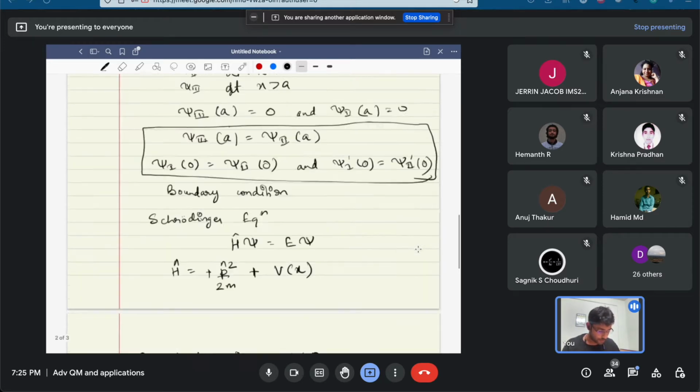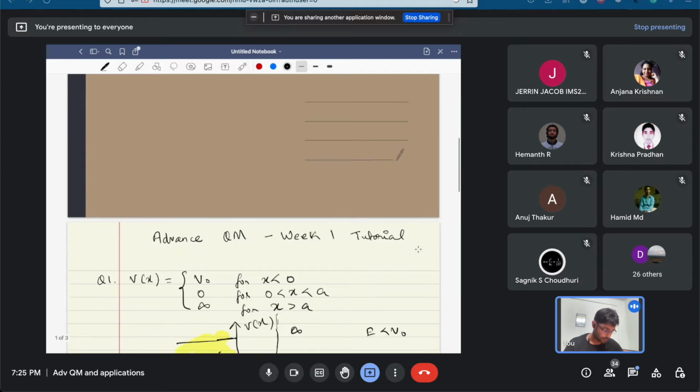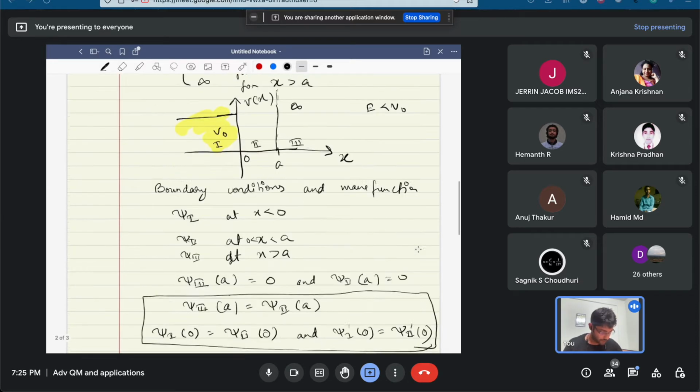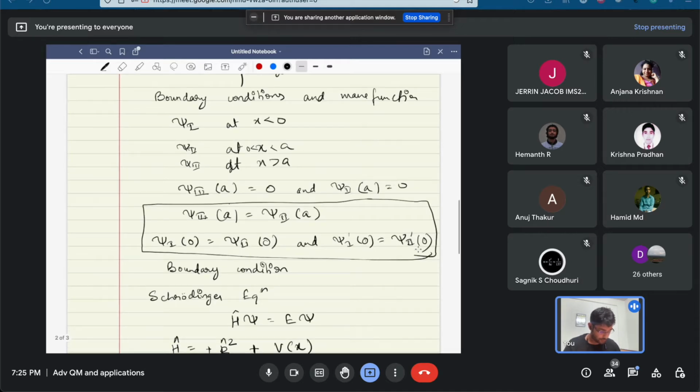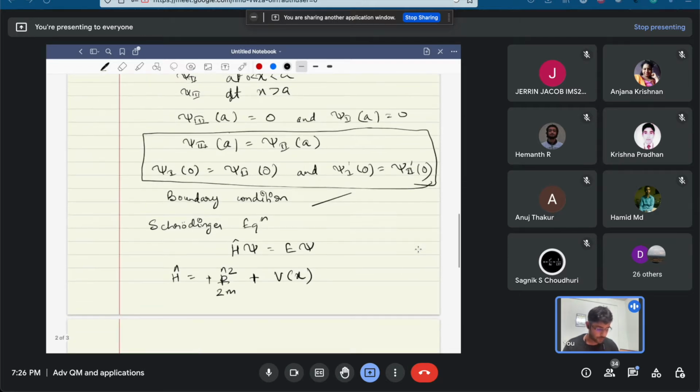Now using the boundary conditions that we have obtained, first of all we have psi 3 at a equal to psi 2 at a, and then we have psi 1 at 0 equal to psi 2 at 0, and derivative of psi 1 at 0 equal to derivative of psi 2 at 0. There is something wrong with this.